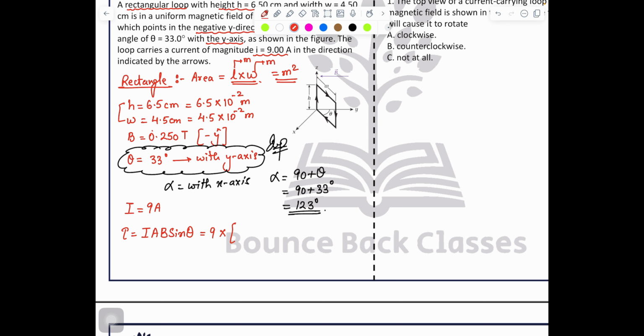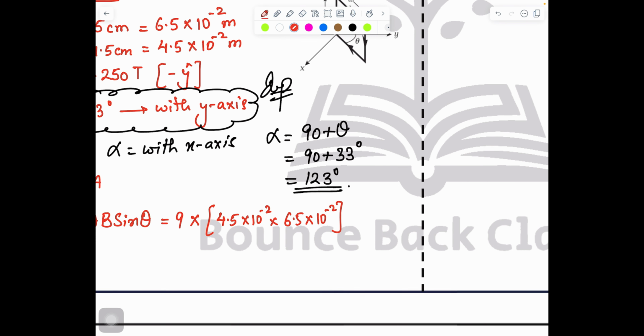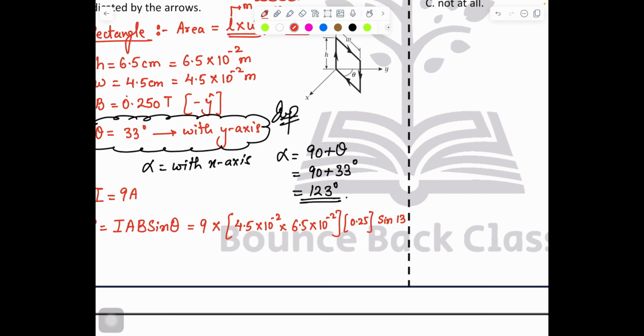9 multiply 4.5 times 10 raised to power negative 2, multiply 6.5 times 10 raised to power negative 2. Then the magnetic field 0.25 and sine of 123 degree.